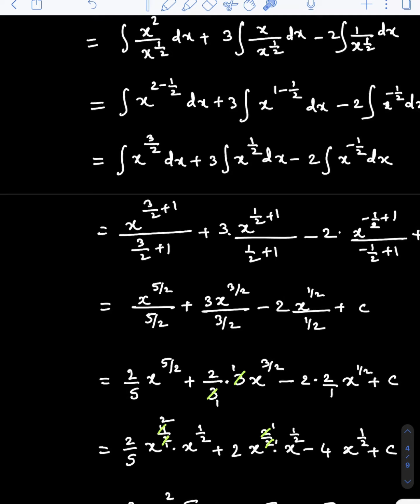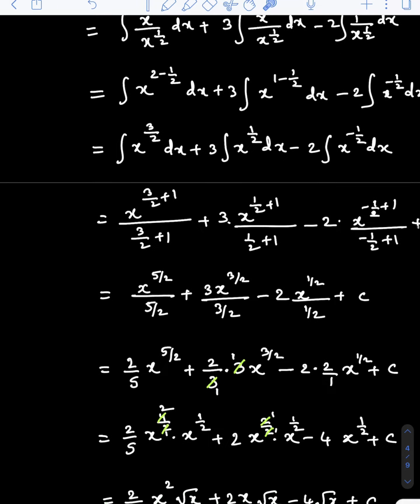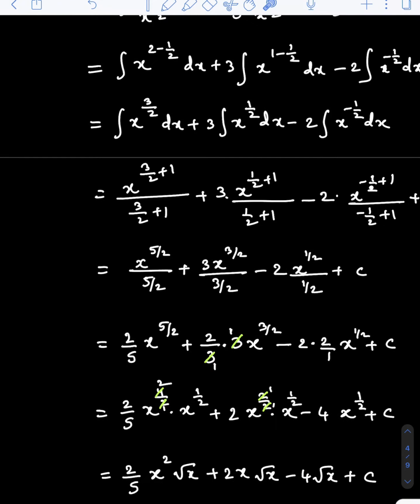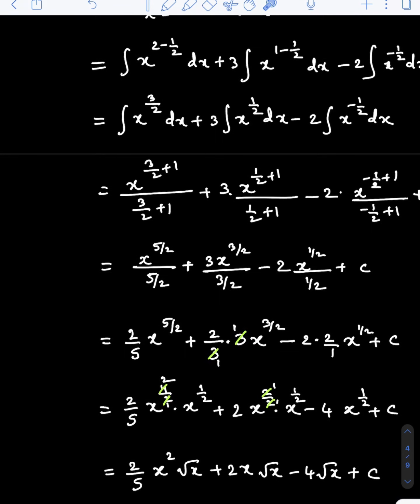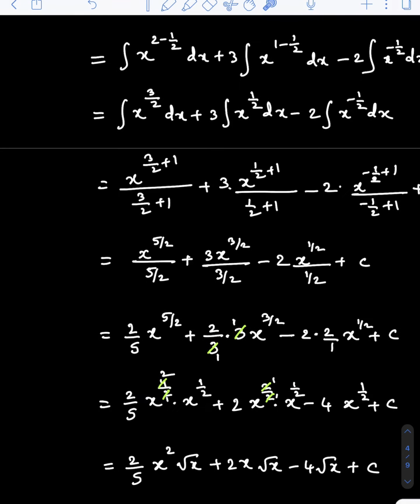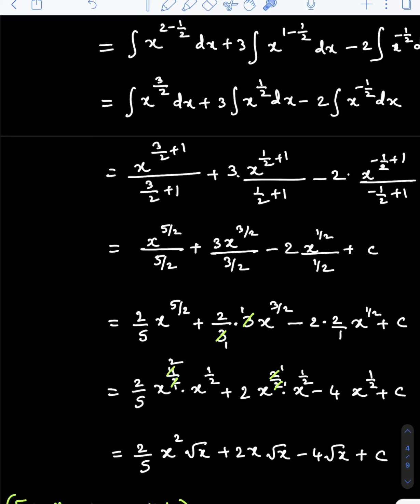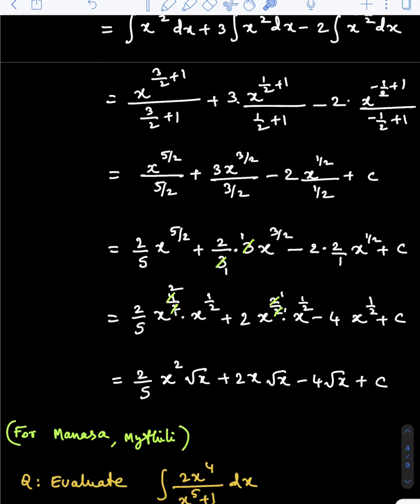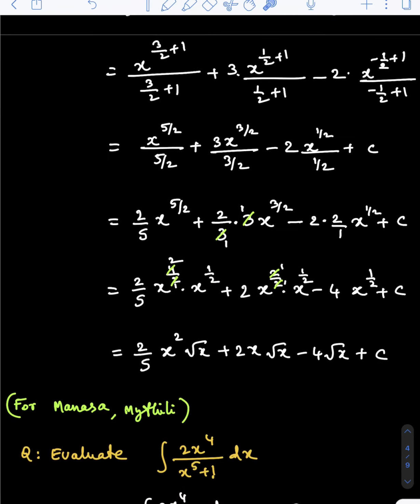So here also you can cancel, 2 ones are 2, 2 twos are 4, like that. And the last step is x square root x plus 2x root x minus 4 root x plus c. This was for Manasa and Maithili. They asked me how to do.